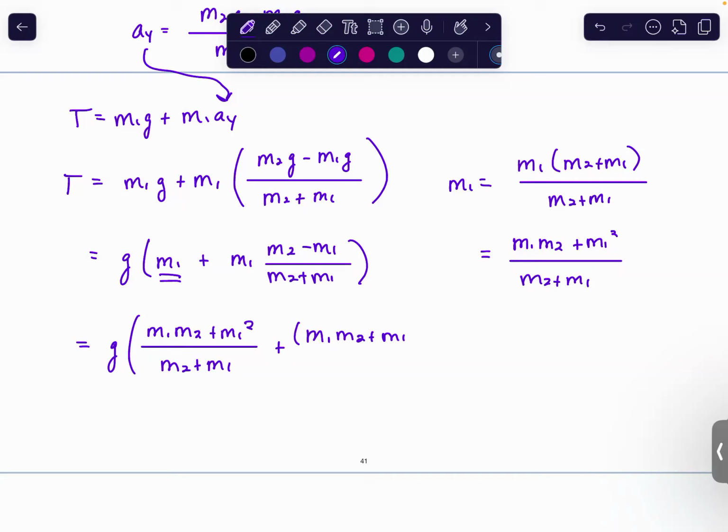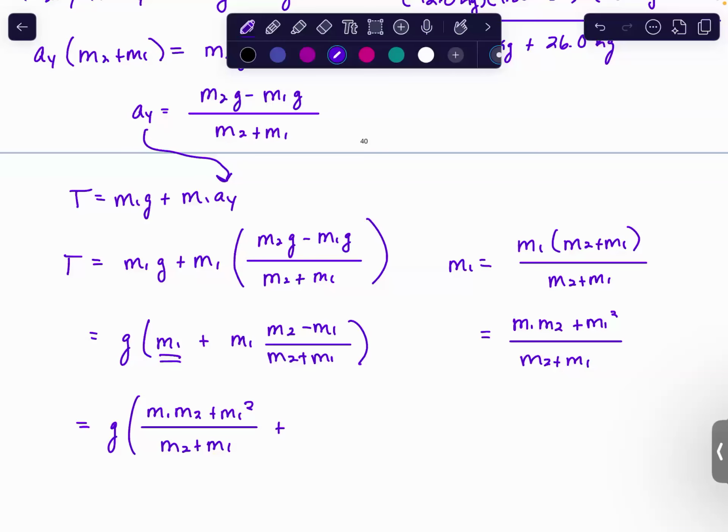Oh, I know what I did. So I'm going to multiply this m1 in here.